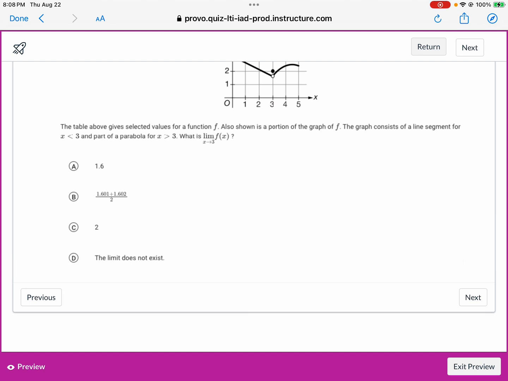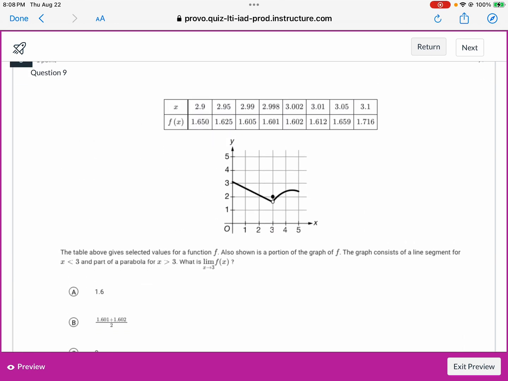what you could do right here is that you see that line segment, the line segment for x less than 3. The thing is, you have points of this line.